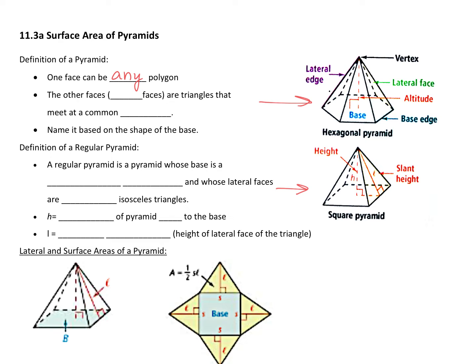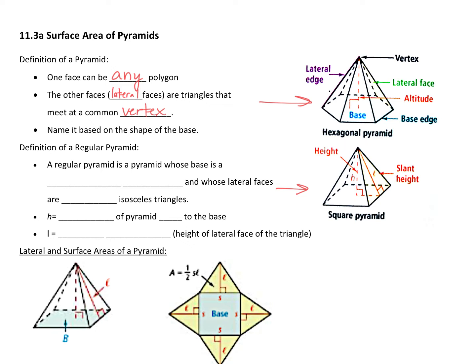A rectangle, it can be any polygon base. The other faces, which we call the lateral faces, are triangles that meet at a common vertex. So in a pyramid, everything is a triangle except for the base. Your base can be a triangle, but does not have to be.